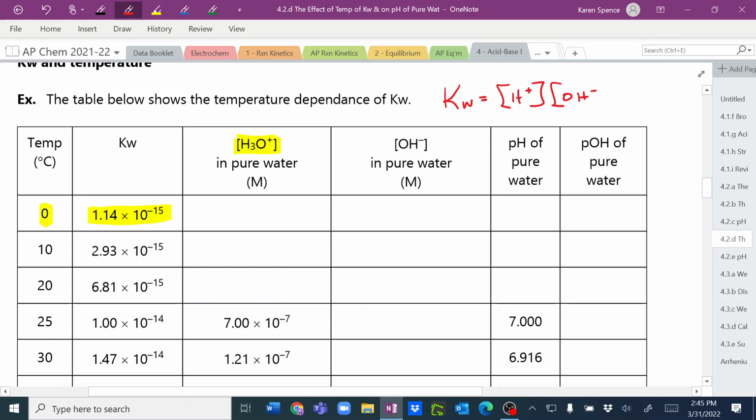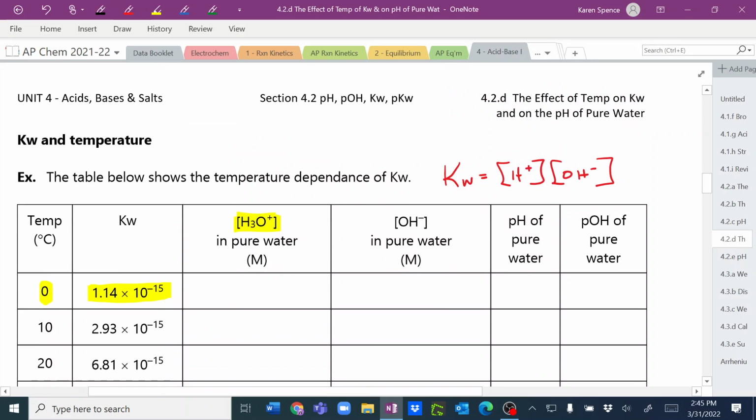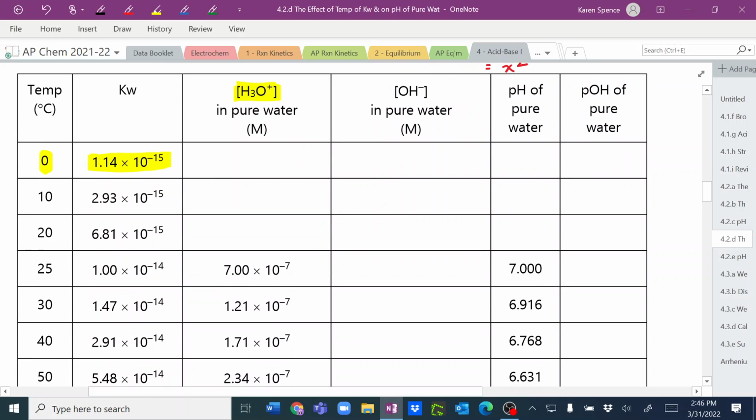And if you want to call them X, we have H2O, H plus, OH minus. If they separate, you get X and X, so that's equal to X squared, okay? And so we could go through, and why don't you figure out the hydronium and the hydroxide, okay? It's always pure water, so it's always 1 to 1.